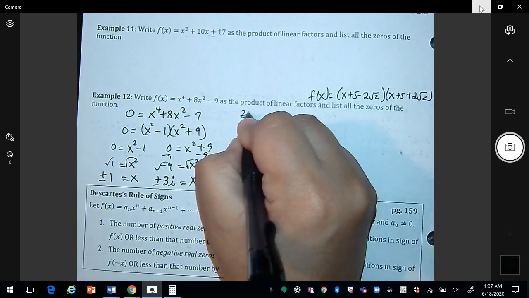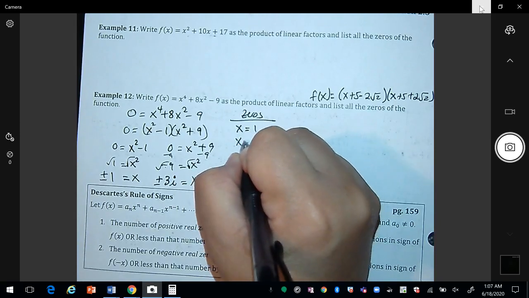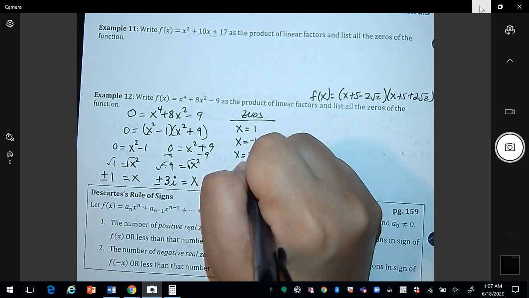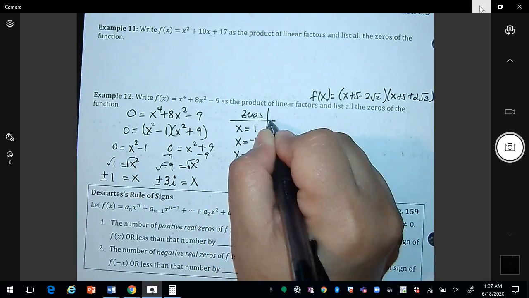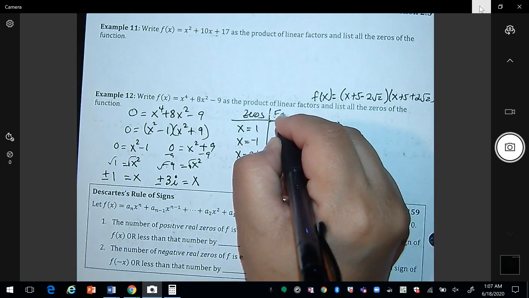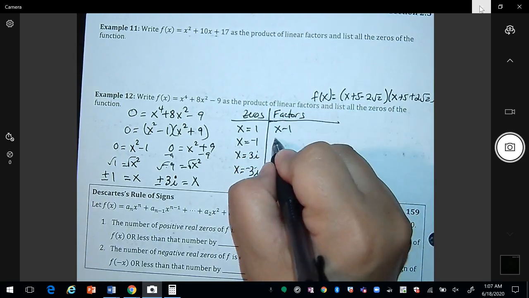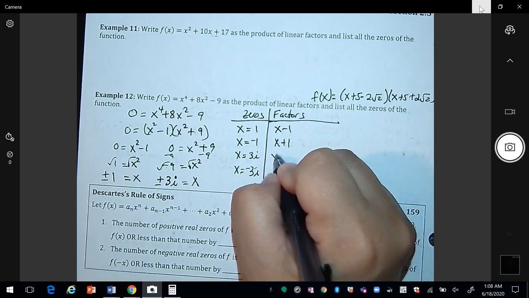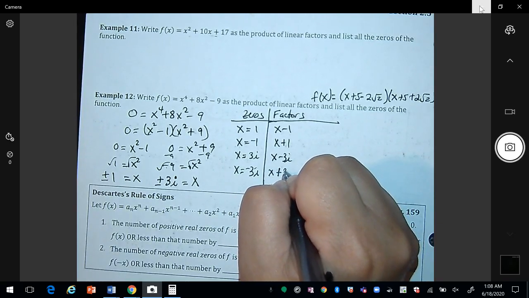So my zeros are x equals 1, x equals negative 1, x equals 3i, x equals negative 3i. So my factors will be x minus 1, x plus 1, x minus 3i, x plus 3i.